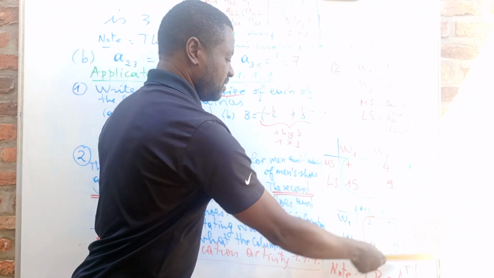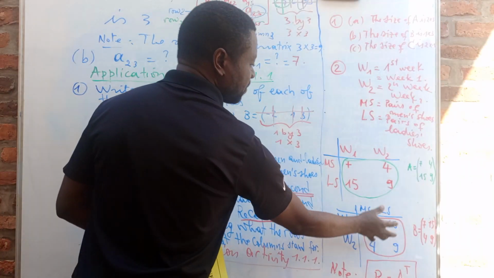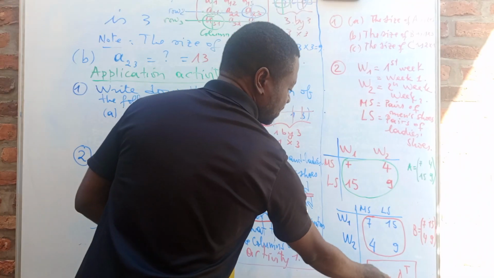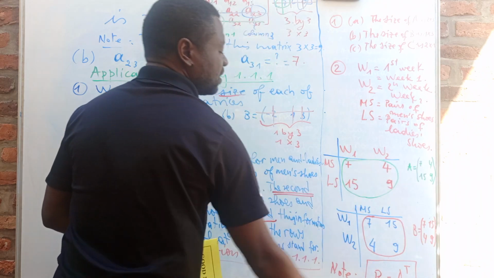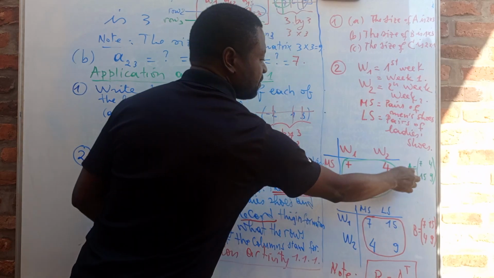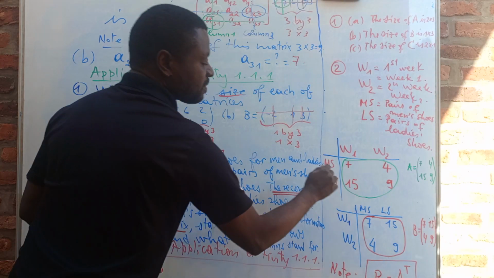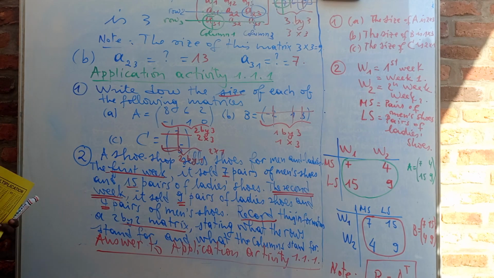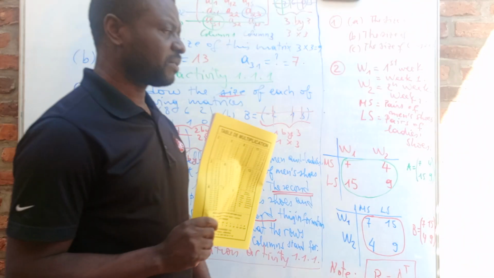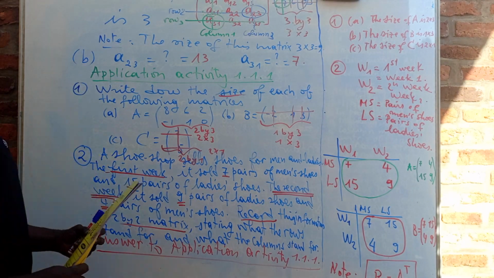Of course, here they are not equal. B is this matrix, and it is the transpose of the other. B is different from A, but B is the transpose of matrix A. We are going to talk about when matrices are equal.